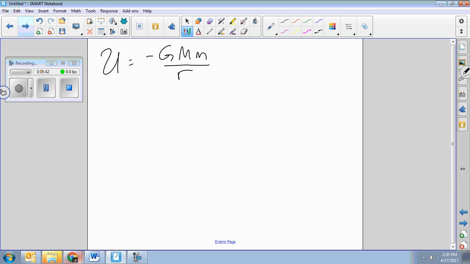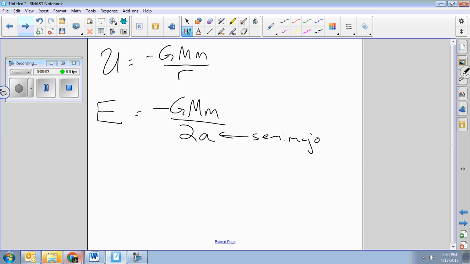And we learned that the equation for total energy was negative GMm over 2a, where a was the semi-major axis, not from the center to the elongated part. Yes, correct.